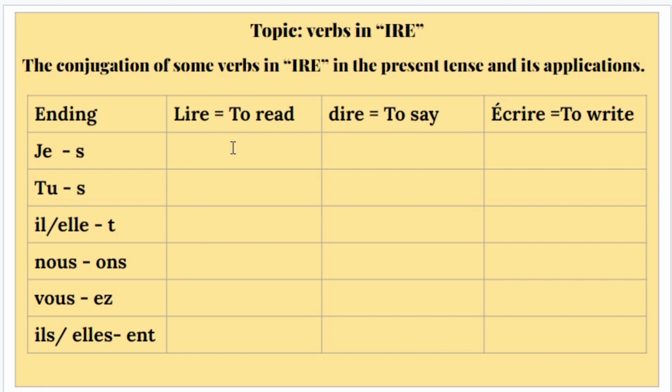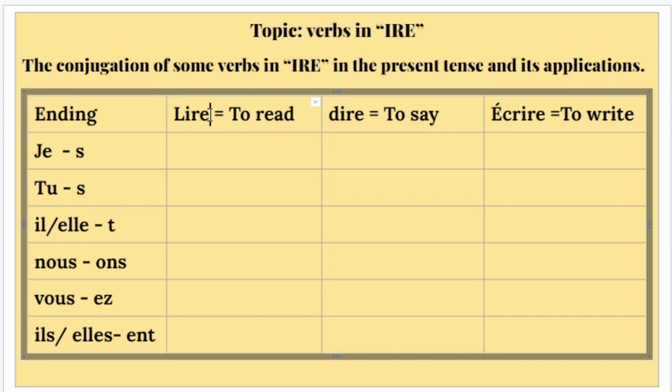The first rule we have to understand is that to conjugate this verb, for example, lire, we have to remove the RE. We have li, so that we can add the endings according to the pronouns.